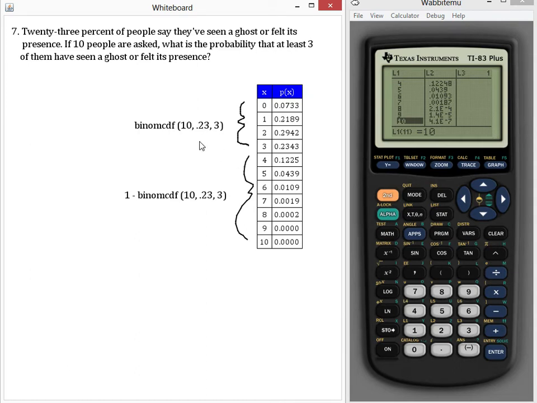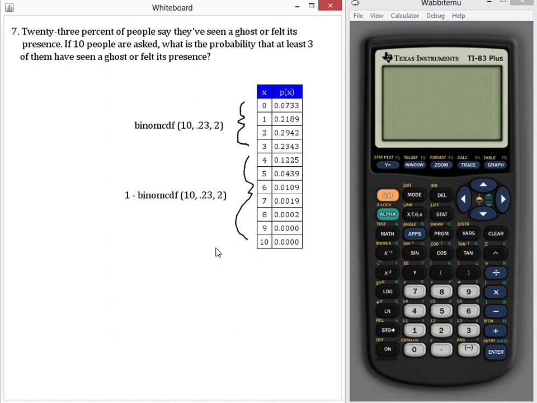So I need to make an adjustment here, and here's what I'm going to do. Instead of going up to 3, I'm only going to go up to 2 here.